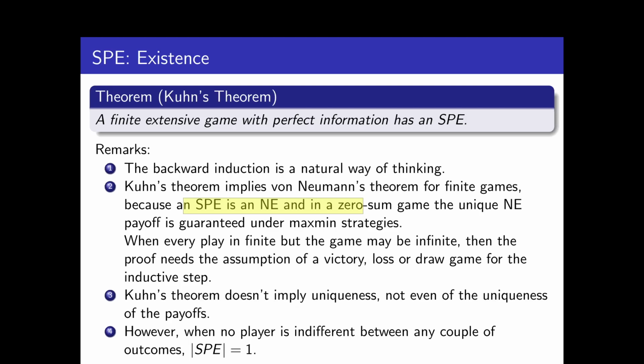So the existence of a subgame perfect equilibrium implies the existence of a Nash equilibrium, because subgame perfect equilibrium is always a Nash equilibrium. It means that you can guarantee this equilibrium value. So it implies that either one player can guarantee to win, the other player can guarantee to win, or both can guarantee a draw.